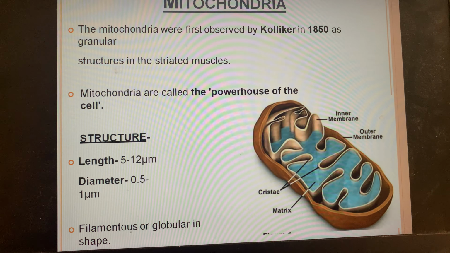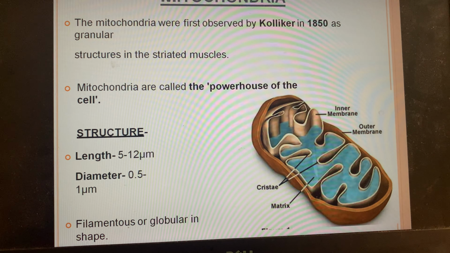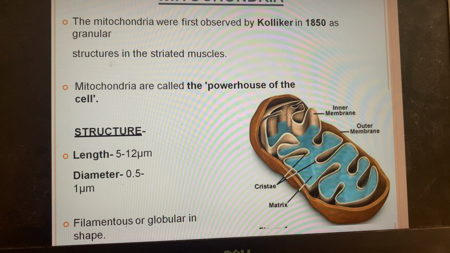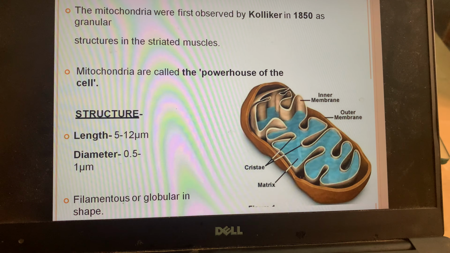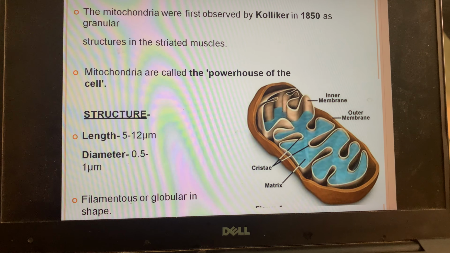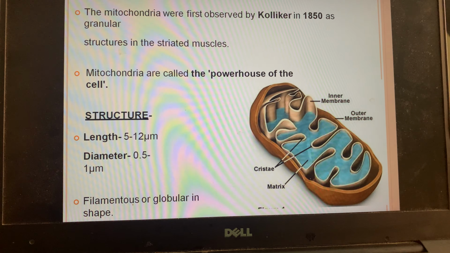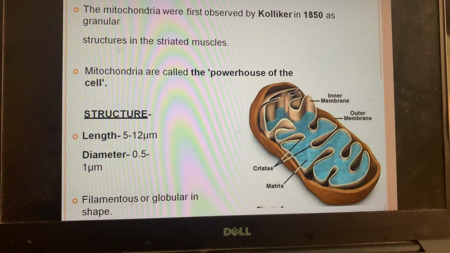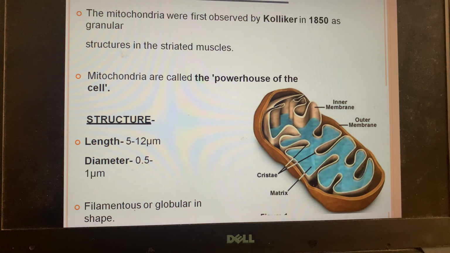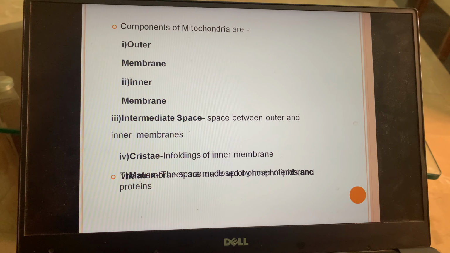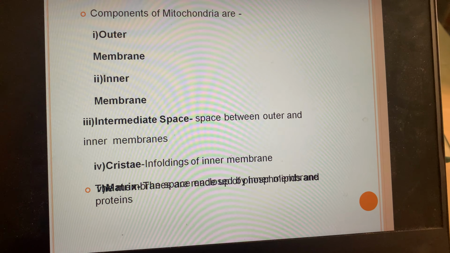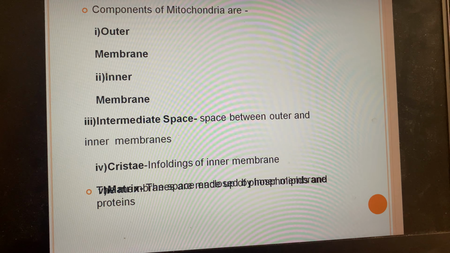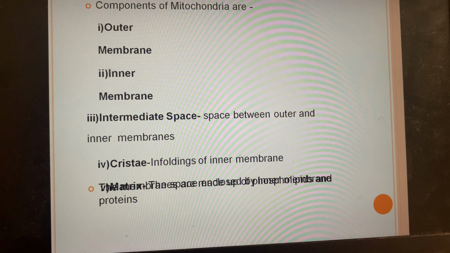There is the inner membrane making the cristae, and the matrix inside the inner membrane, and then the outer membrane, which covers the whole mitochondria. Its length is around 5 to 12 micrometer, diameter is 0.5 to 1 micrometer, filamentous or globular in shape. The outer membrane and inner membrane are the components of this mitochondria.